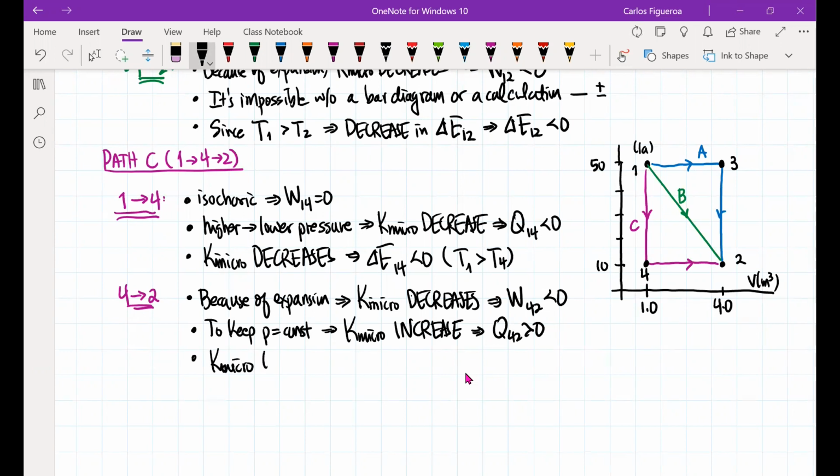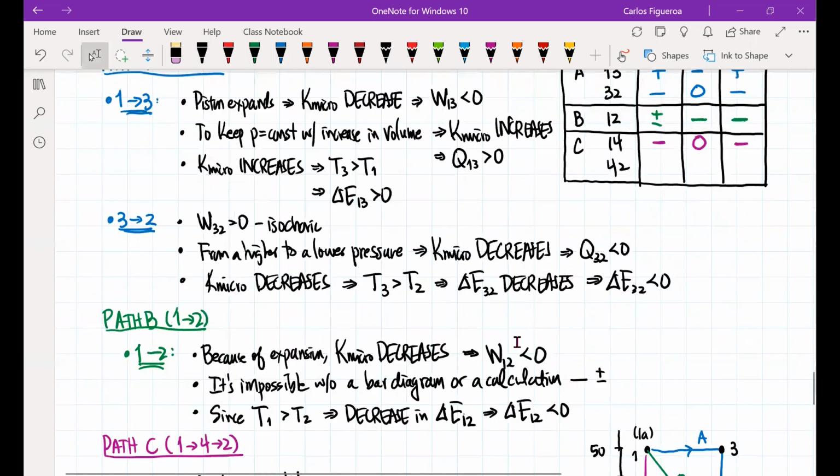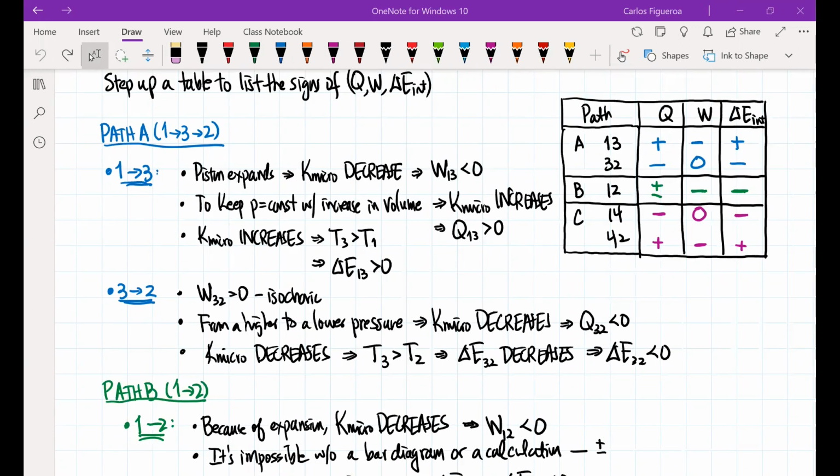If K micro increases, then that tells me that there has to be an increase in the internal energy from 4 to 2. So now I have my table. So if I come up here, you could see here that I have positive heat, positive change in internal energy, but due to the expansion, I have that. So using my table of the signs for the values here, I'm now going to draw the bar diagrams.